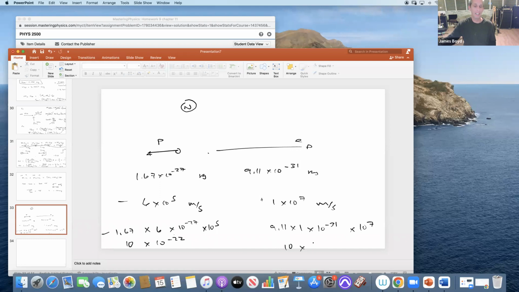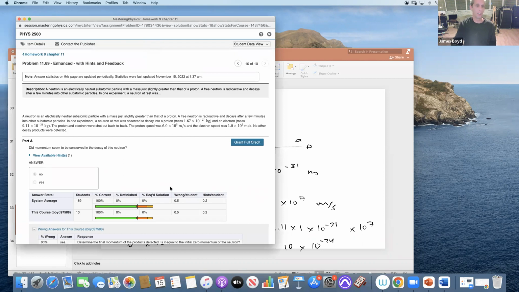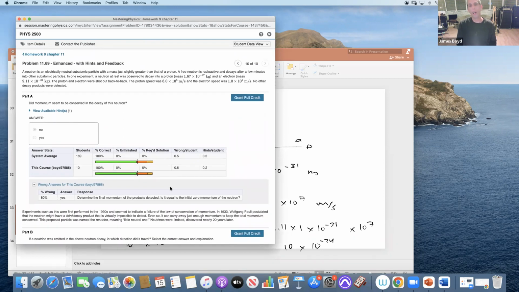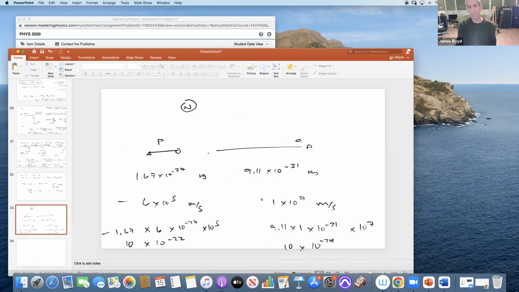I get about 10 to the minus 24. So no, it does not. There's a factor of about 100 times 10 to the minus 24 off.